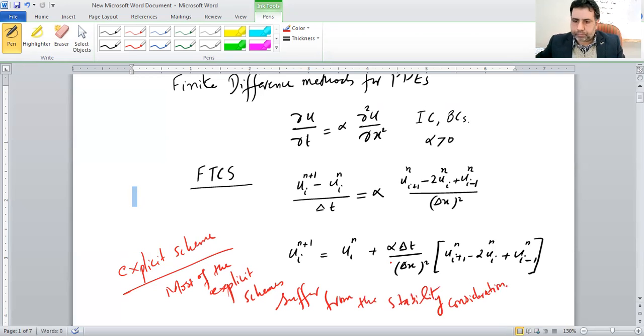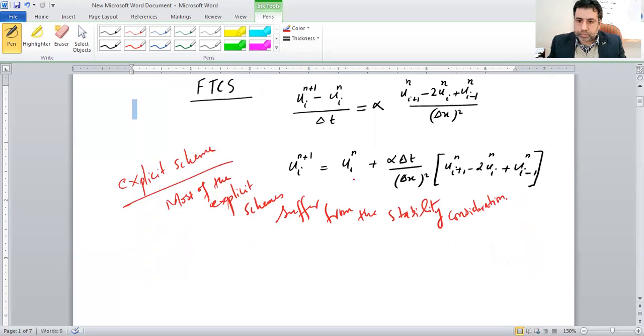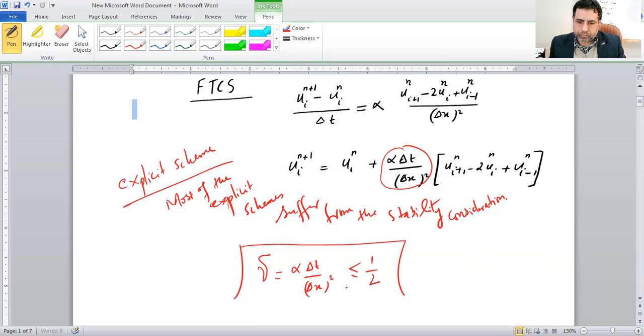For that, this term here that I denoted as nu, for stability, must be less than or equal to 1 by 2. A scheme is stable if the error will not increase as you move from one iteration to another. In other words, we could say the solution remains bounded.